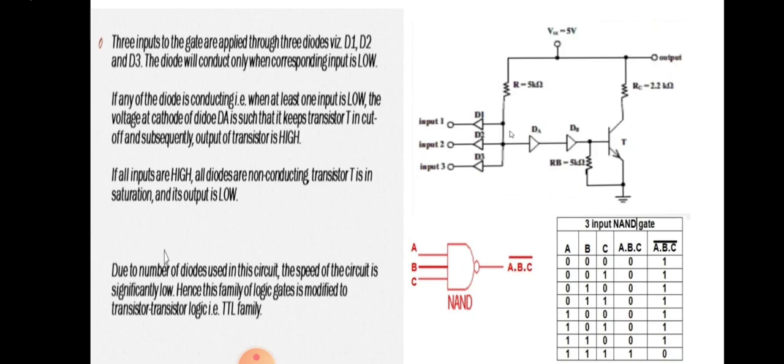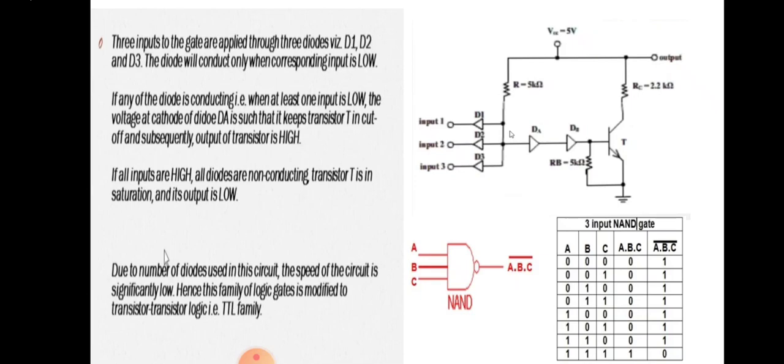Okay, so the concept is very easy. You have to remember only the circuit and just remember the truth table of this circuit. Using that you can explain the circuit, that is for what input you will get what output. If all inputs are high, all diodes are non-conducting, transistor T is in saturation and its output is low.